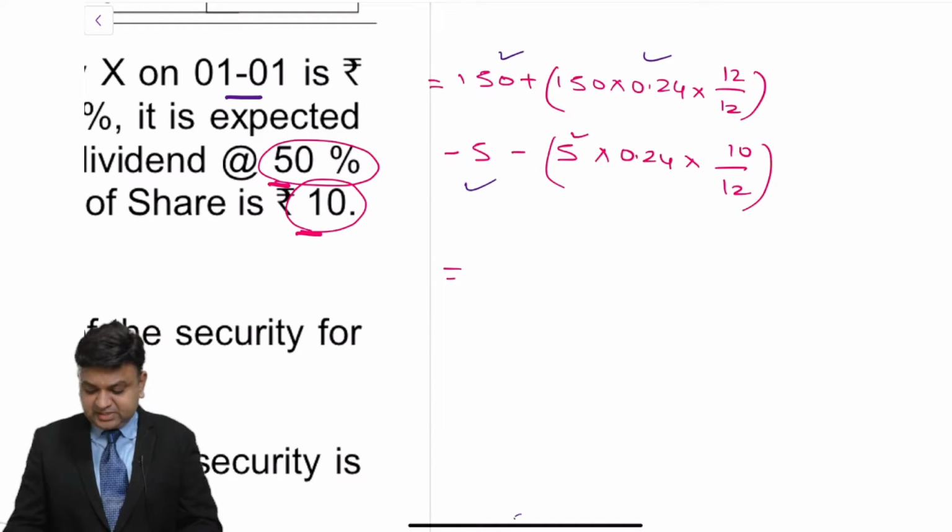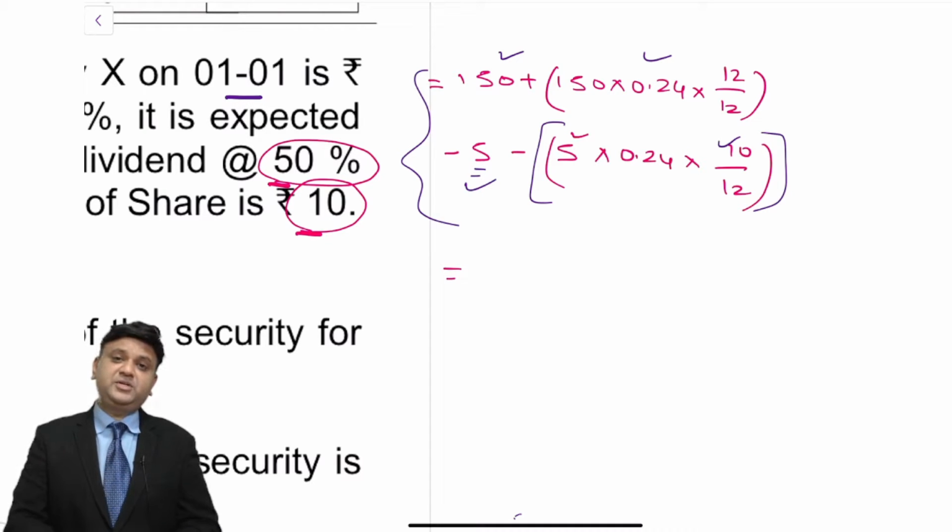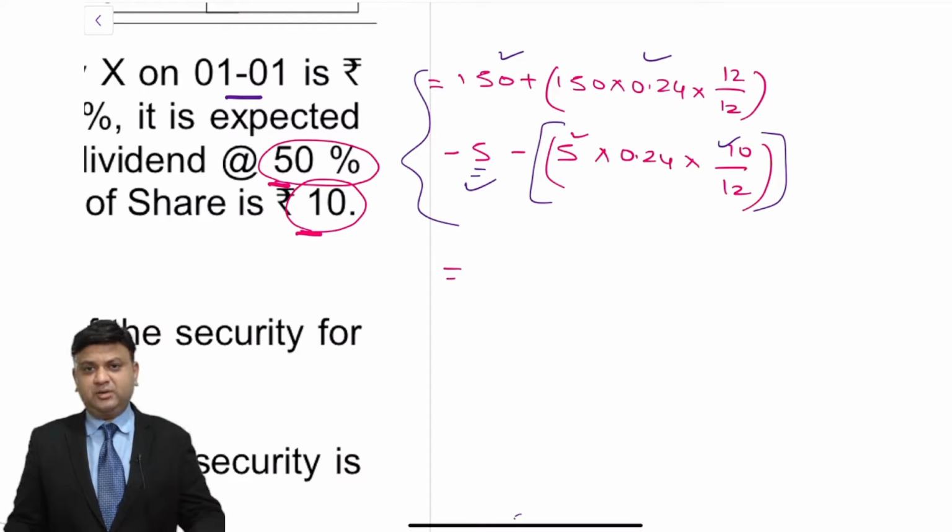This dividend income which I receive after 2 months, I will be able to reinvest for the remaining 10 months. And again my cost of holding the security further reduces. This is the way we make the computation of the forward/futures price of the security if dividend information is given. There is yet one more thing that is going to come later on, but at this point of time, this is the point that we are discussing.